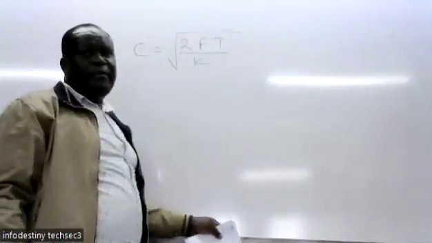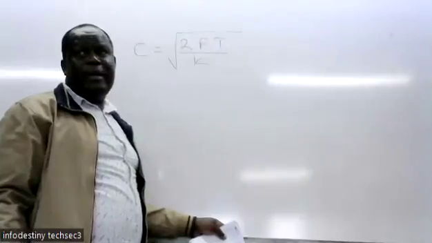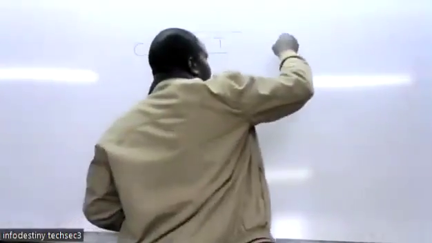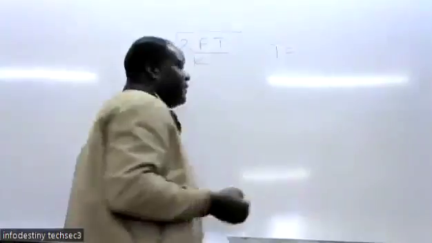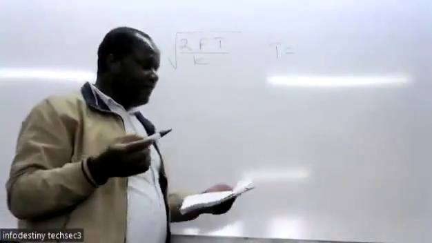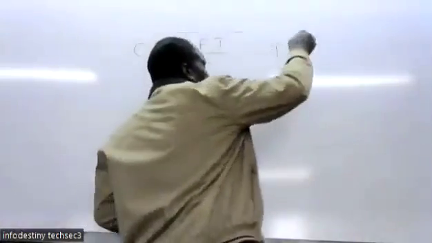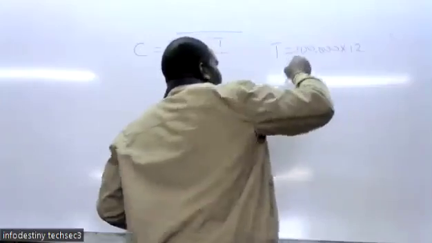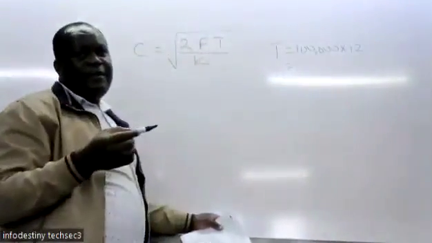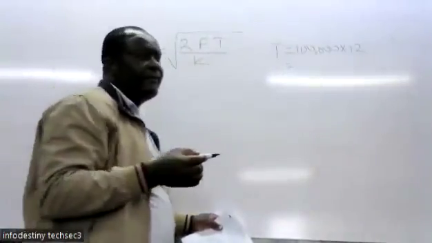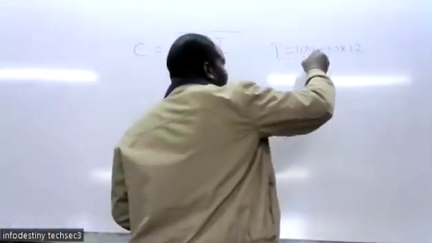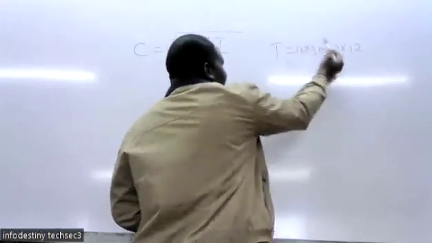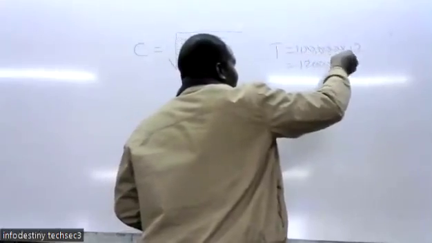T was given per month, but the interest rate was given per annum, so you convert them into per annum. You take 100,000 multiplied by 12 months, which gives 1.2 million.